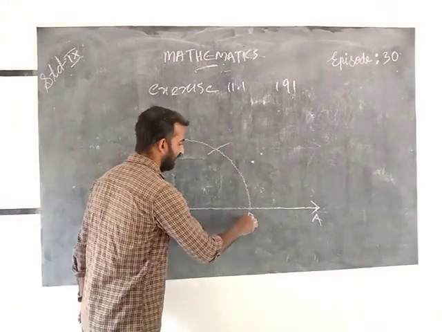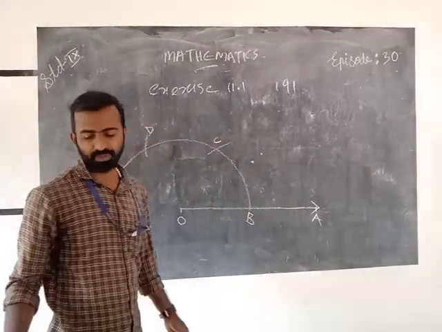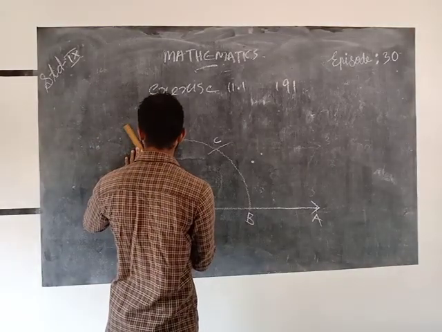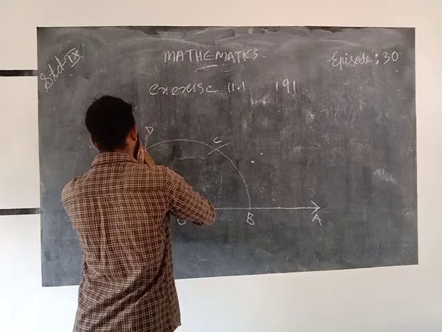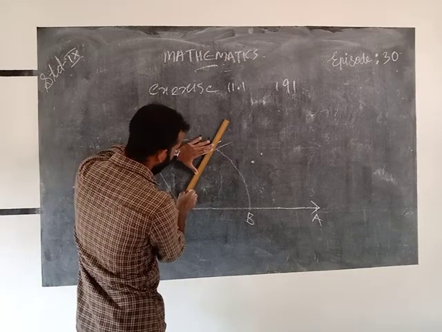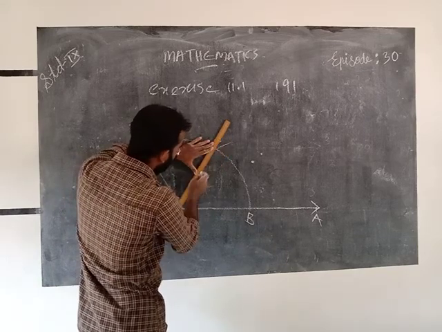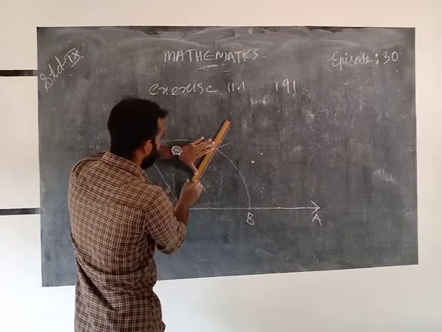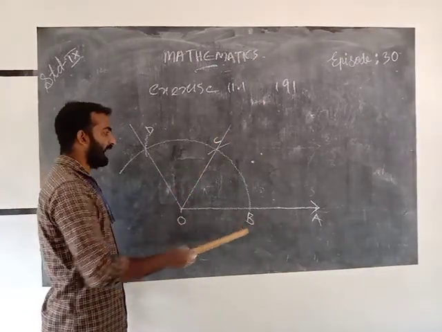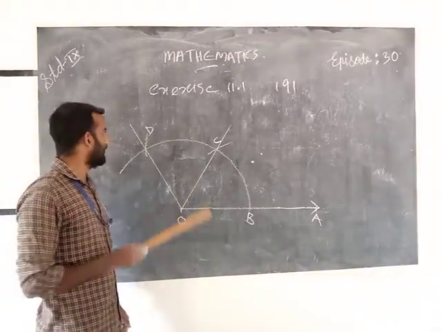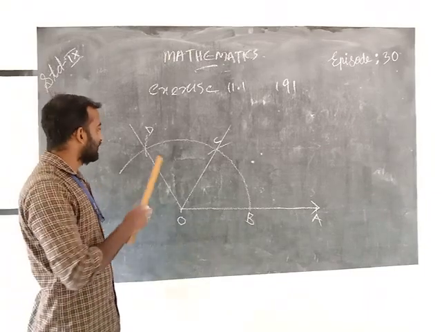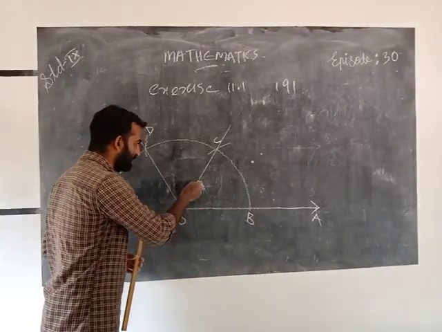This is B, C, D, and we join D and O, and also C and O. This angle COA, or COB, is 60 degrees, and DOC is 60 degrees.